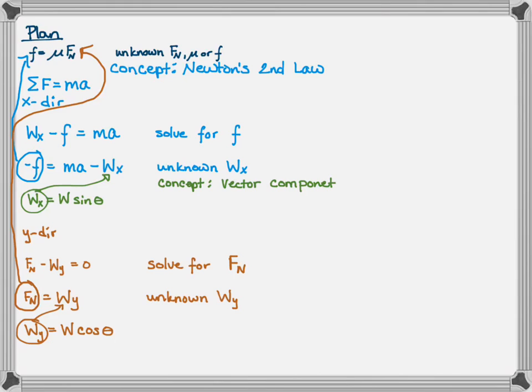F_n then can be plugged back in. And I just realized something. Wait a minute. Once I have those, I have mu is equal to F, the frictional force, divided by F_n. So then I can solve for mu. But in this, I made a mistake in that I don't know what W is.